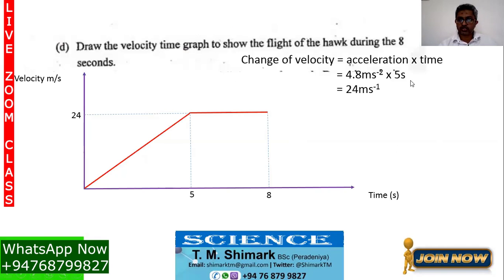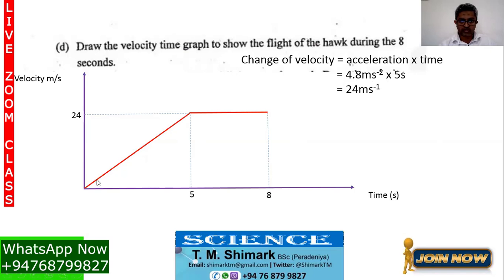Now the next question asked is this one. Draw the velocity time graph to show the flight of the hawk during the 8 seconds. We calculated the change of velocity to be 4.8 into 5 seconds, 24 meters per second.